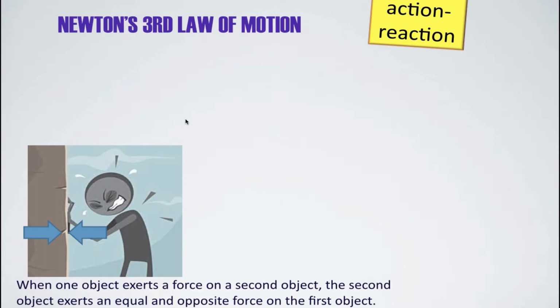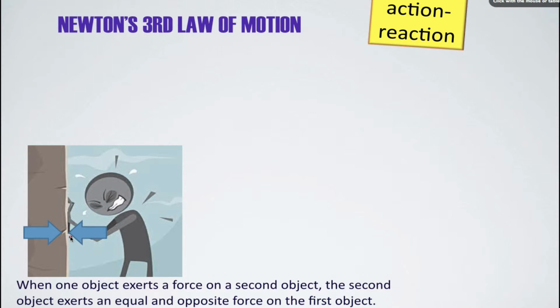Okay, so let's look at the actual definition a little bit. When one object exerts a force on a second object, the second object exerts an equal and opposite force on the first object. This is a counterintuitive idea a little bit, because usually, like in this example here, if you're pushing on that wall, you might think of you actually applying a force, but you don't think of the wall applying a force back.